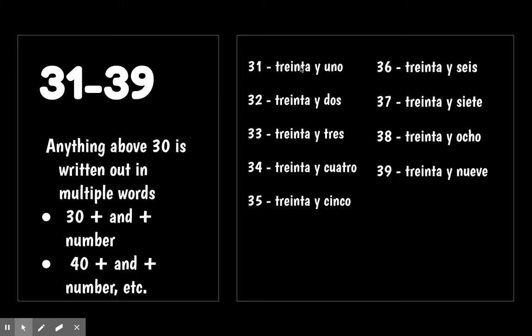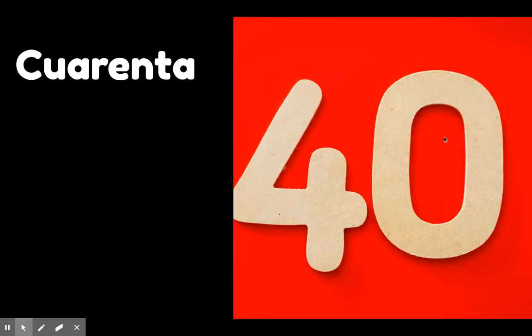So here it is, 30 and 1, 30 and 2, 33, 34, 35, 36, 37, 38, 39. They're all separate words from now on. 40. So 41 would be 40 and 1.